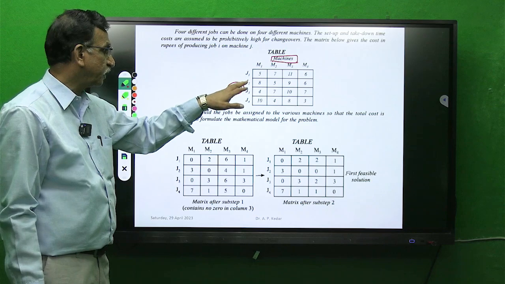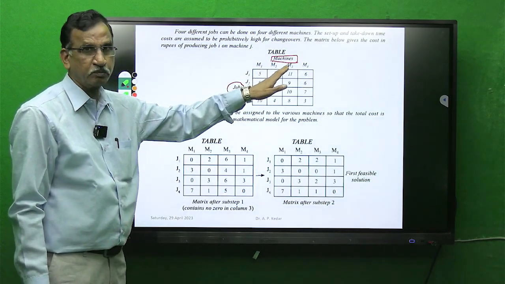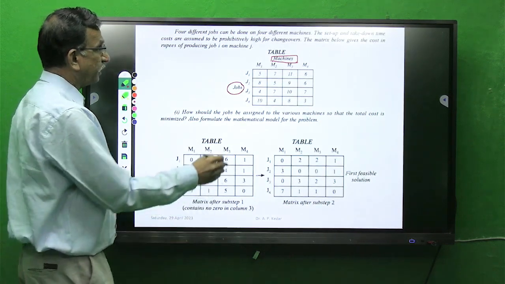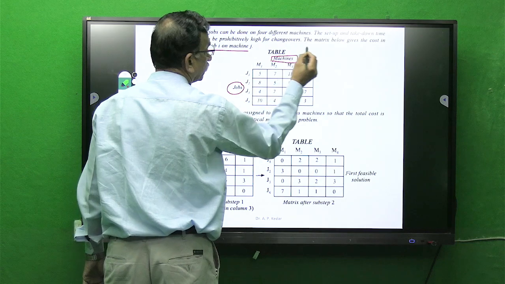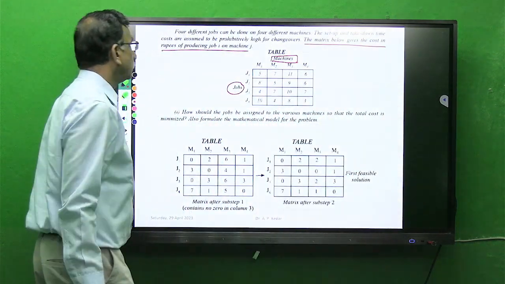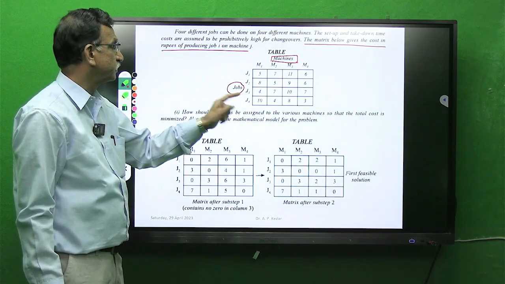Jobs are labeled as J1, J2, J3, J4. Machines are labeled as M1, M2, M3, M4. And the matrix gives the cost in rupees of producing job I on machine J.